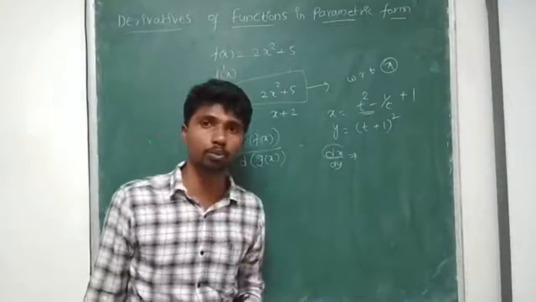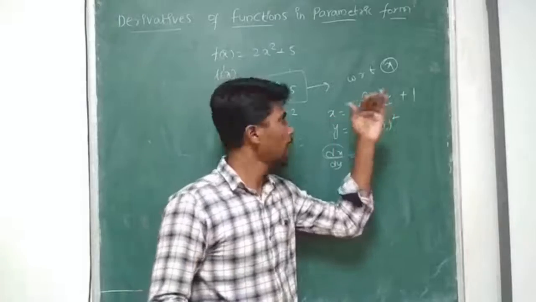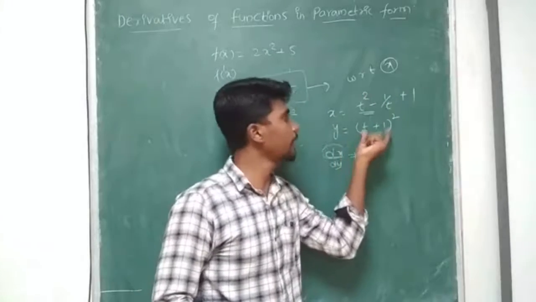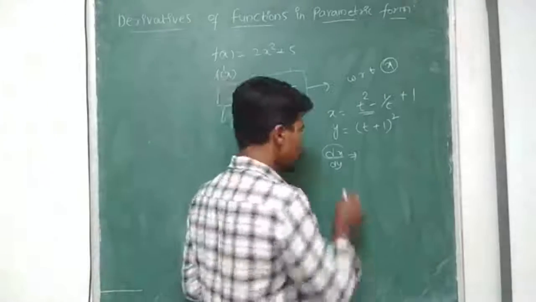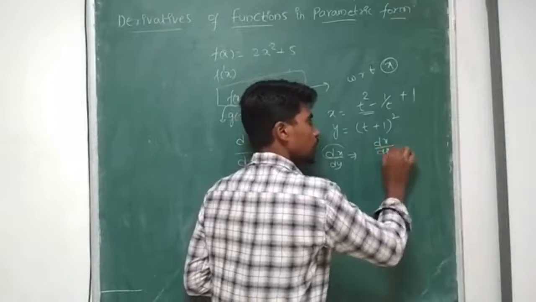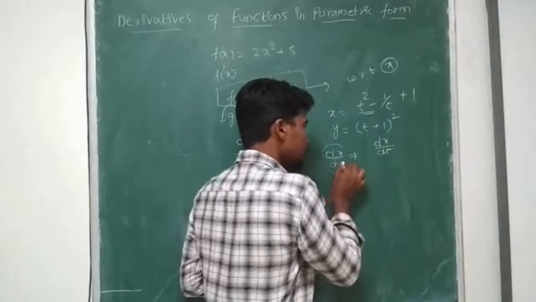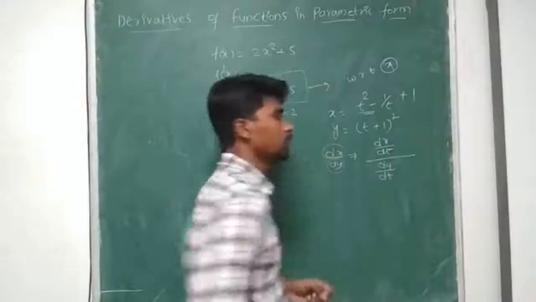Why with respect to t? Because x is defined in terms of t, and y is also defined in terms of t. Then we do differentiation of x with respect to t and differentiation of y with respect to t, and just do the division.